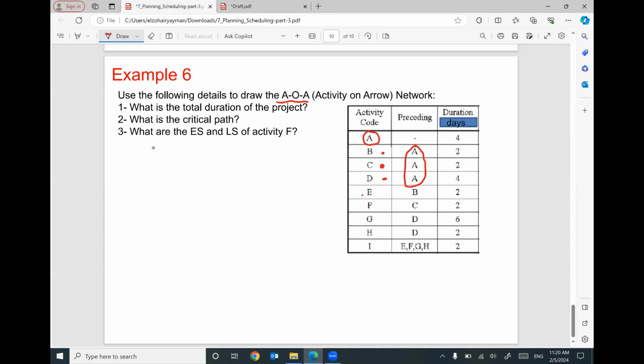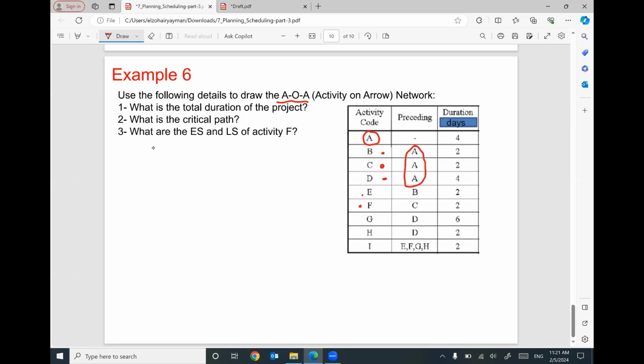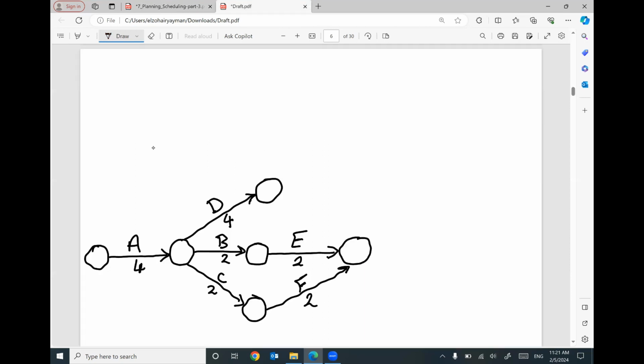We have activity F following C. I think I will connect it to this node, which is activity F, with a duration of 2. You can try. Activity G is following activity D with a duration equal to 6.